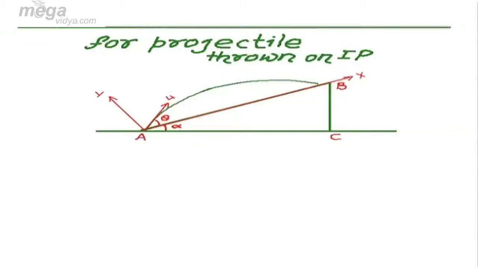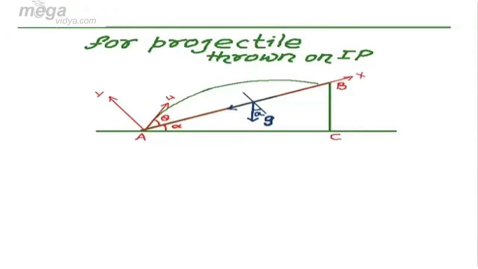Here we can easily write acceleration due to gravity to be g vertically downward. If we want to take this acceleration g, then this angle will also be alpha.